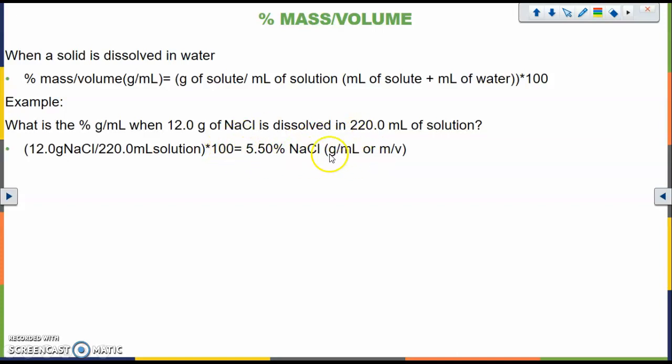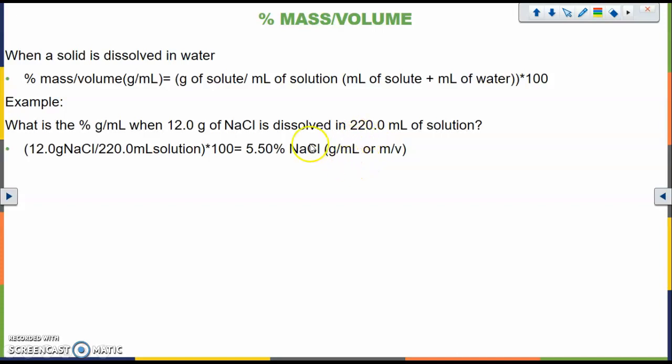Now, just as an aside, anytime you see a percent composition, or in this case percent concentration, make sure that you indicate what percent concentration you're talking about. Is it volume? Is it mass volume? Is it mass? Because that is actually another way that you can do that.